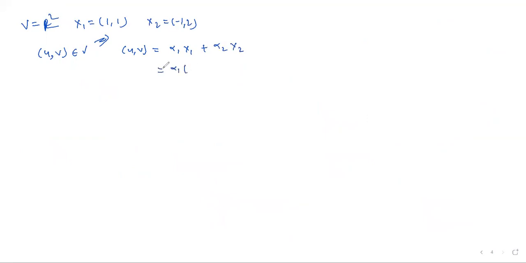Now let's put in the values of these vectors: alpha 1 (1, 1) plus alpha 2 (-1, 2). Then alpha 1 minus alpha 2 equals u, and alpha 1 plus 2 alpha 2 equals v.